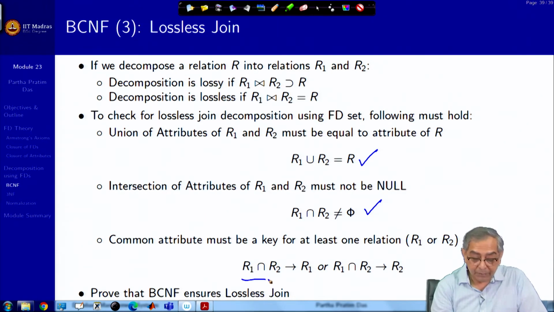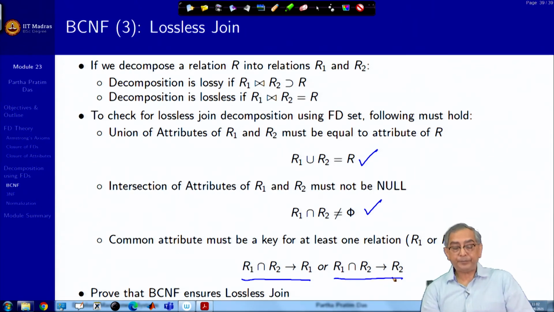And this is the important part: the common attributes, R1 intersection R2, must be a key either in R1 or in R2 or in both. One of them must be. If that happens, then you will have a lossless join. Then you will always be able to recombine.